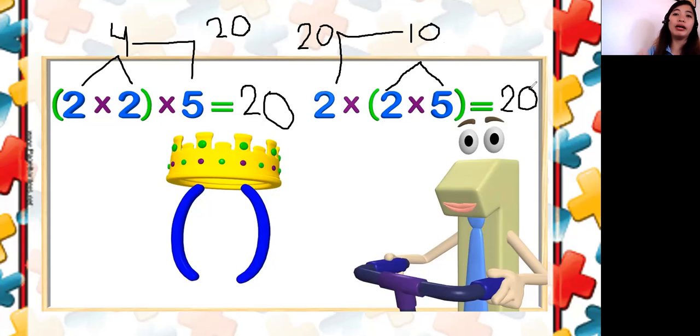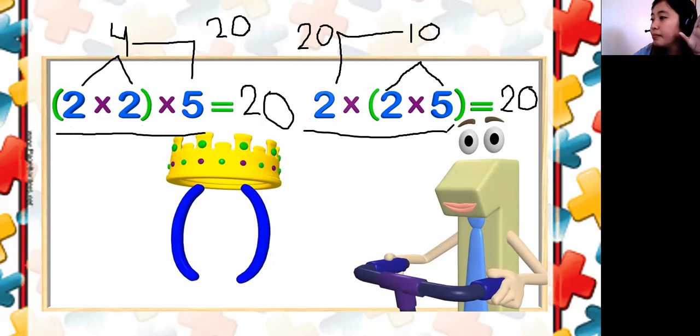What can you say about the answers or the product? The products are both 20, right? What can you say about the numbers? Take a look at the numbers. What can you say about them? Which one? Yes, very good. The groupings have changed.